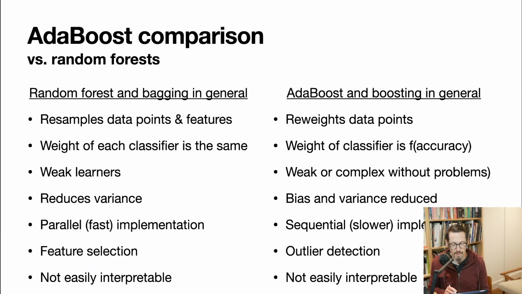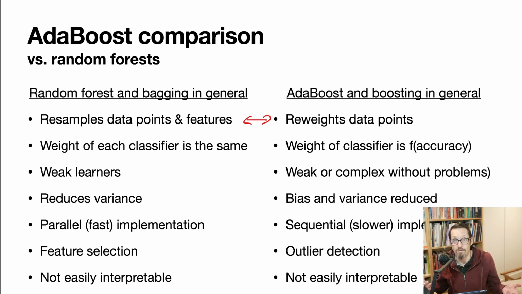All right, let's finish up here. So let's compare AdaBoost versus random forests, right? On the left, we're going to have the random forest bagging world, and on the right, we have AdaBoost and the boosting world. One of the main things right off the bat is that bagging resamples, right?